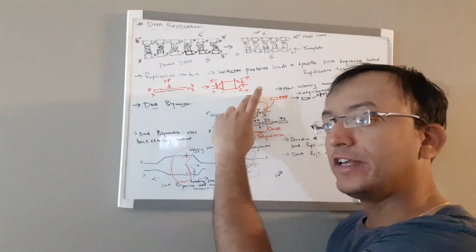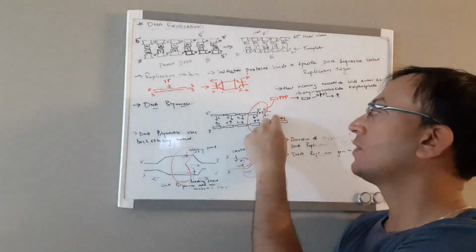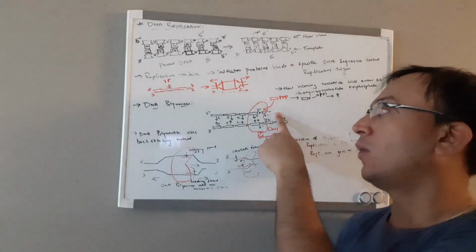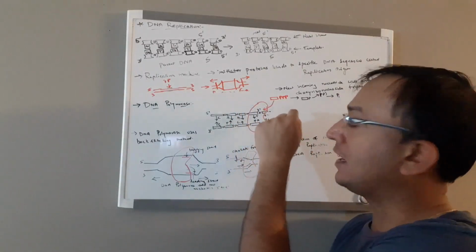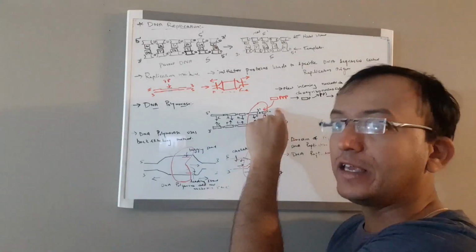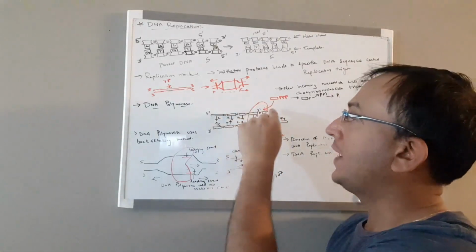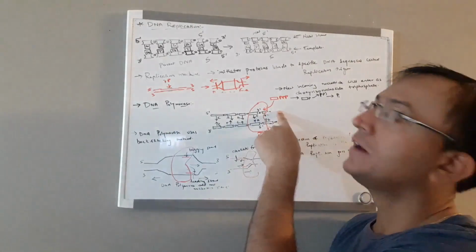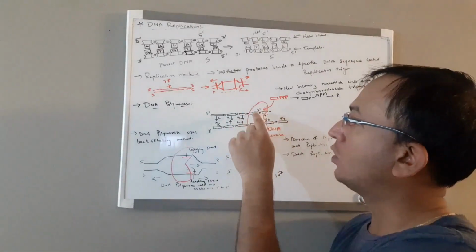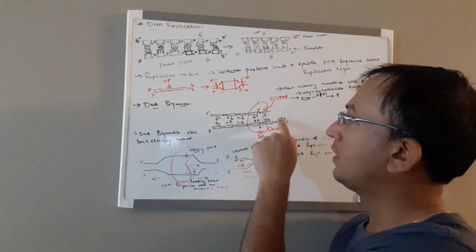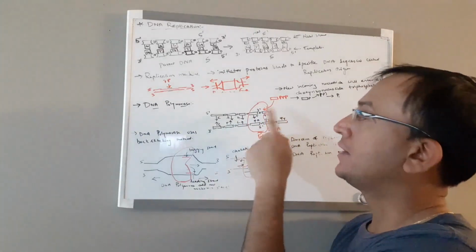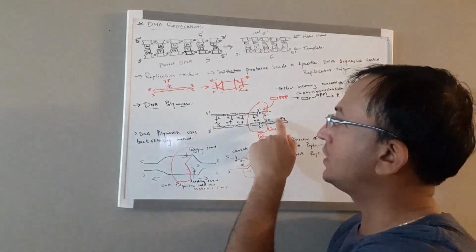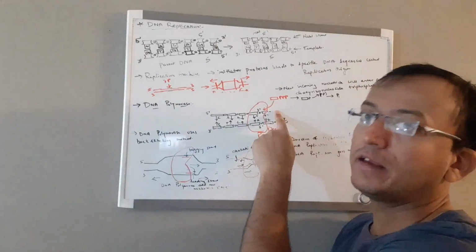It first makes sure: it's T, so it needs an A. But if by mistake T goes with C, then after putting in the new nucleotide, the DNA polymerase proofreads. Okay, this is T and I put A here, so that is correct.